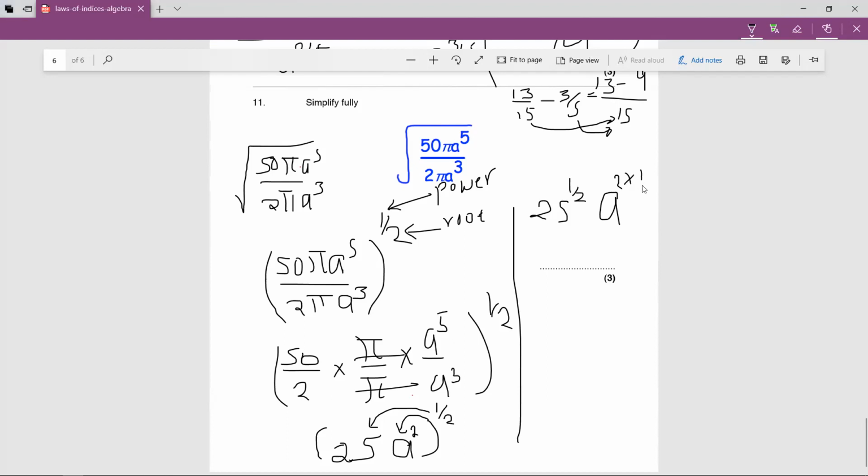The third law of indices says that you have to multiply the powers. Now 25 raised to power half. Remember, the denominator of the fraction power is the root. So it's like we are saying square root of 25 multiplied by a, where 2 will go with 2, so it's just a power 1. Now, square root 25 is 5, and a power 1 is a.